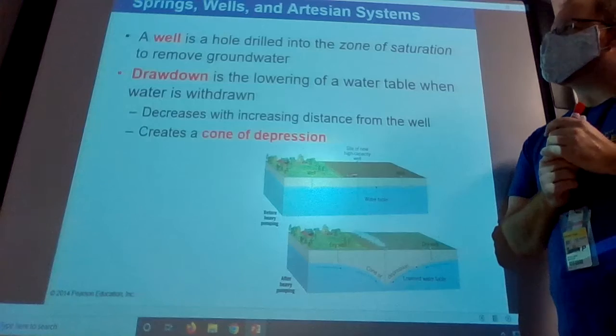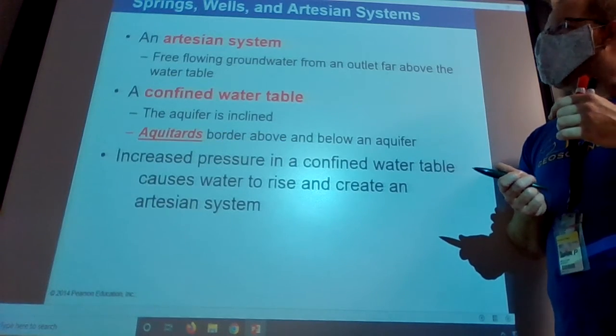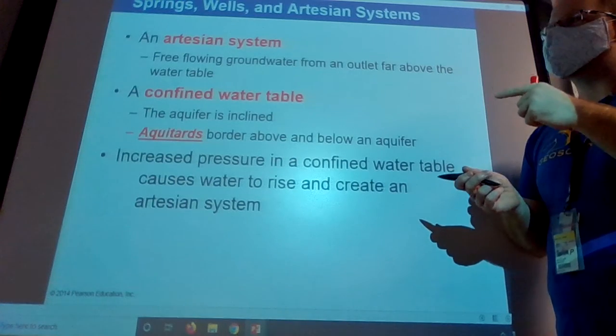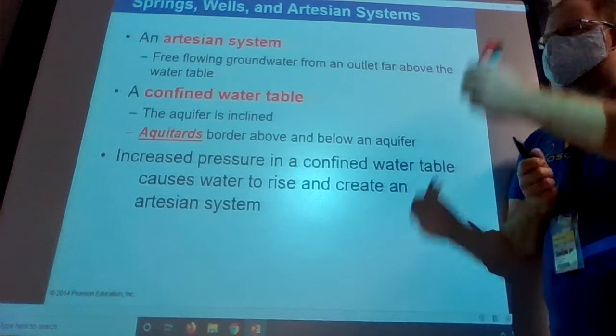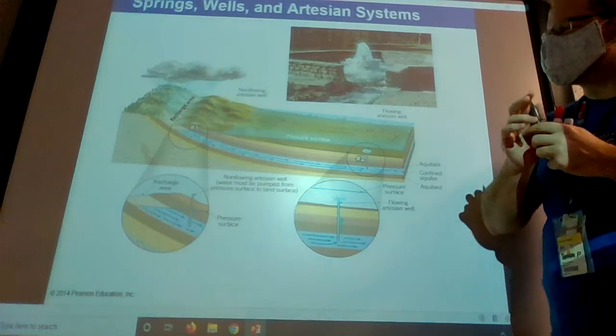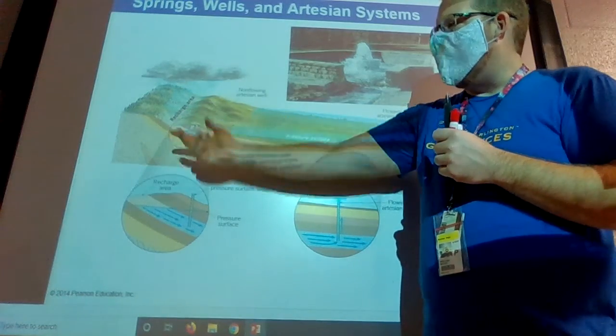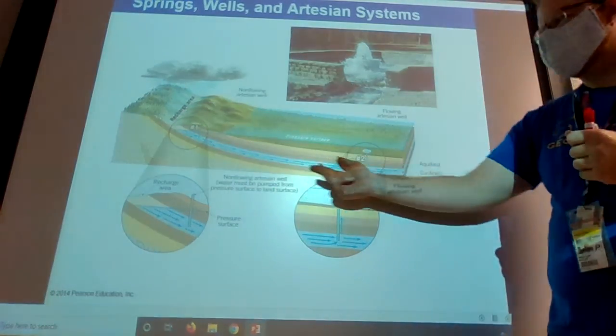All right. We already talked about drawdown and the cone of depression. An artesian system is where you have a well that kind of shoots up water. Here is an example of an artesian system. So the water table is actually way up here. You have it confined in between these two layers.